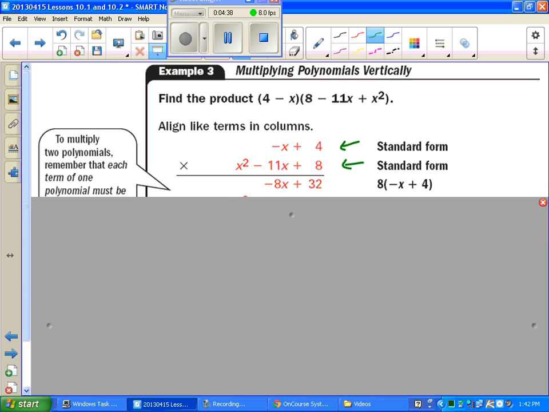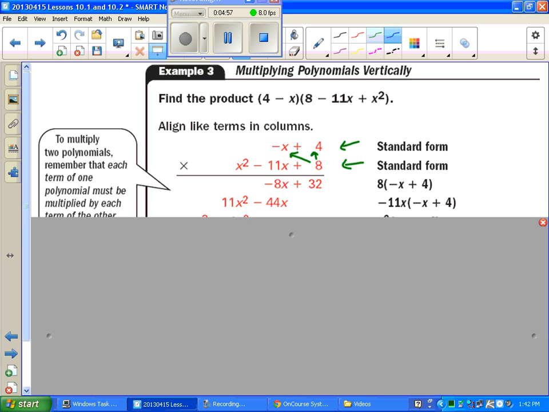Then what you do is multiply each of the three numbers in the trinomial by negative x plus 4. So 8 times 4 is 32, and 8 times negative x is negative 8x. That's the first one. The second one, you take negative 11x and do the same thing.